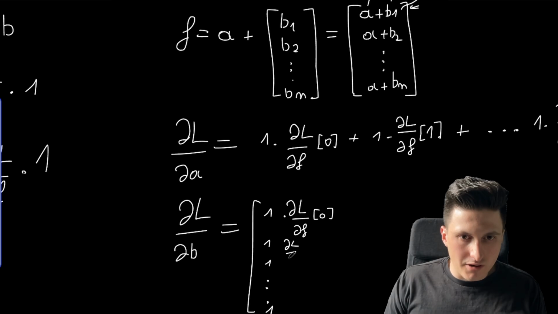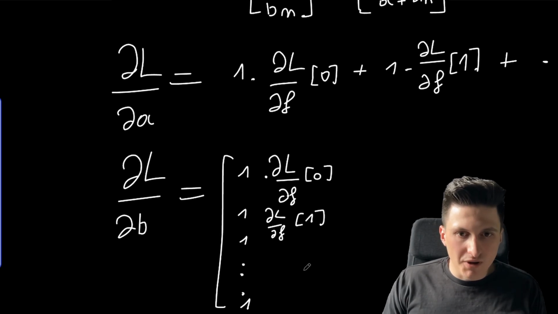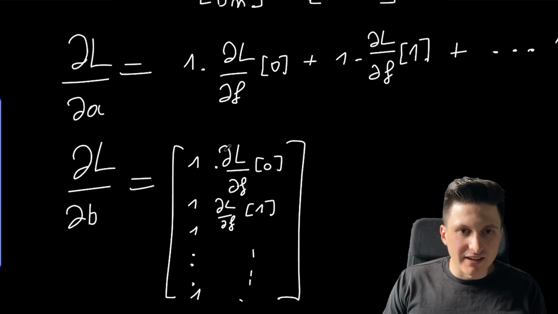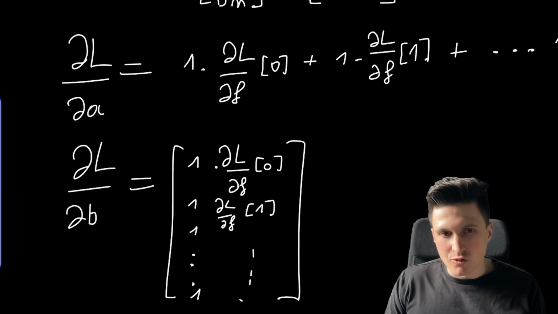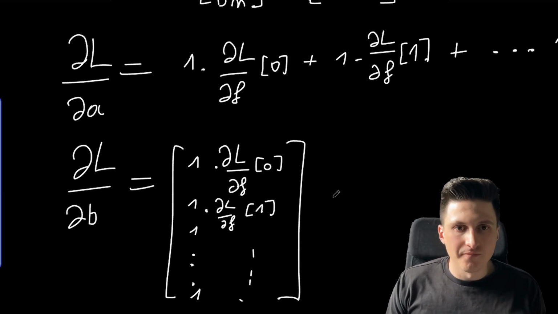What it boils down to is that we are just passing along the same gradient of the child tensor, because we're just multiplying it with 1.